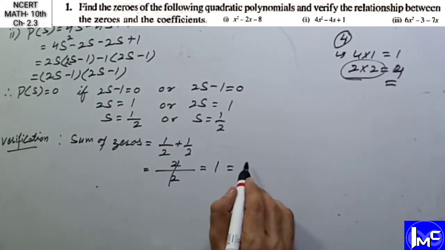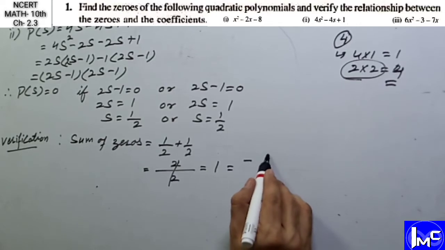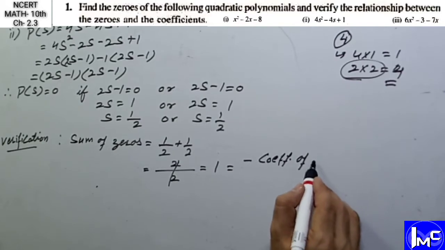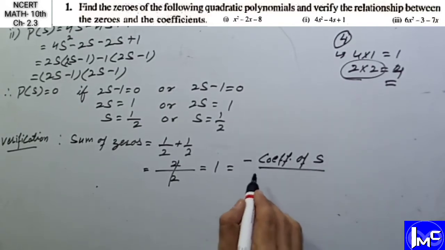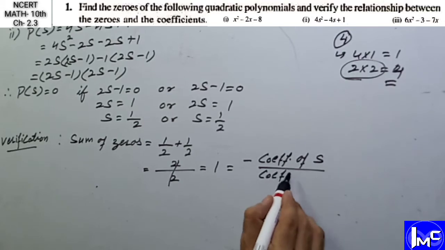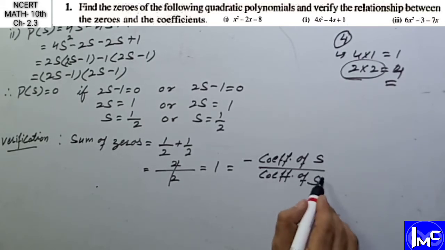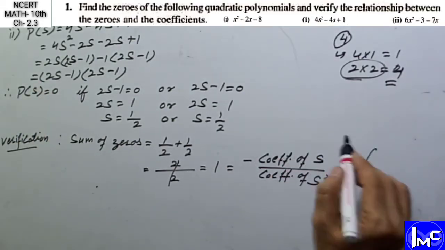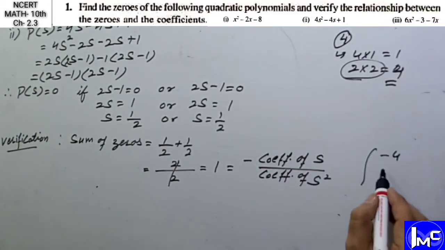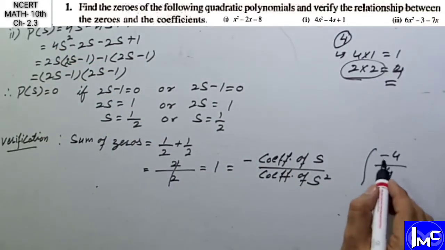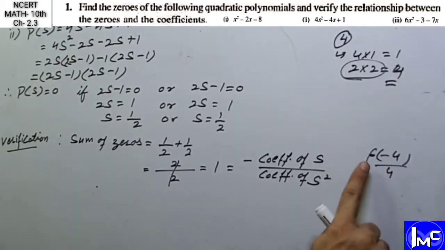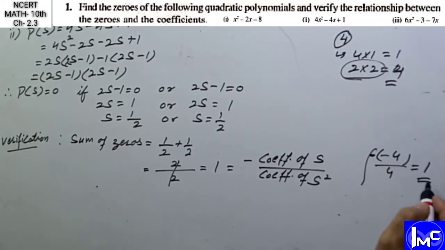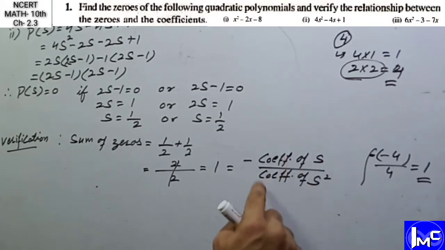It is minus coefficient of s over coefficient of s square. It is true because the coefficient of s is minus 4 and of s square is 4, and if we write minus coefficient of s over coefficient of s square, it will also make 1. So 1 can be written as this.